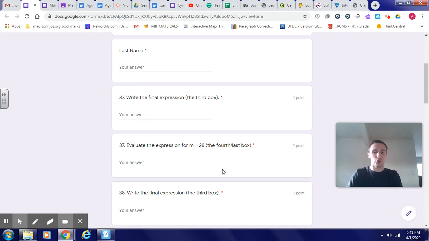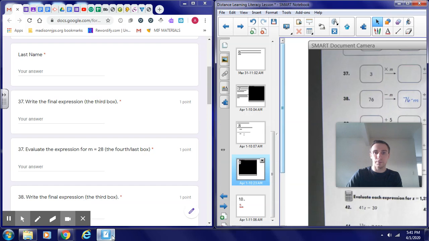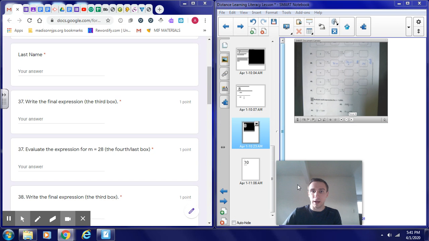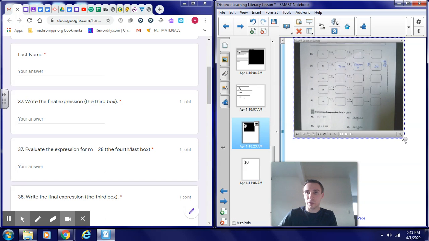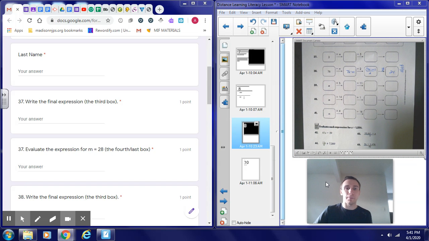So I'm going to try to put my windows side by side here. Oops. There we go. Hey, look, there's me. And let's make this a little bit bigger here. All right, so now that I am really condensed here and showing you a lot of stuff on the screen, write the final expression. That's the 3rd box.